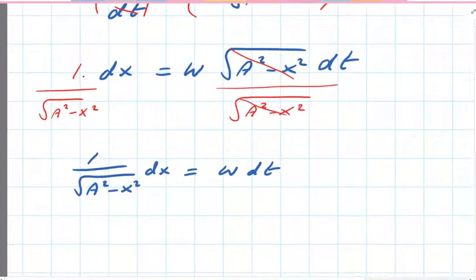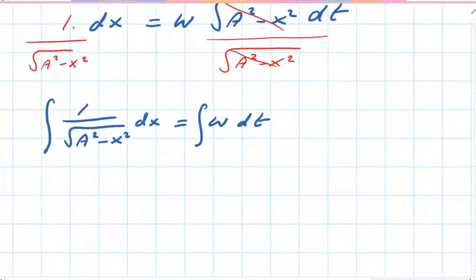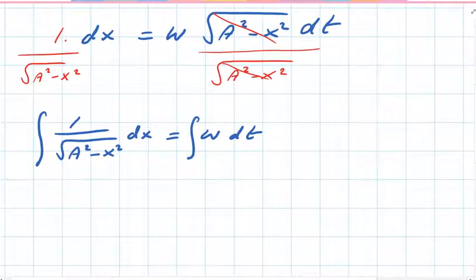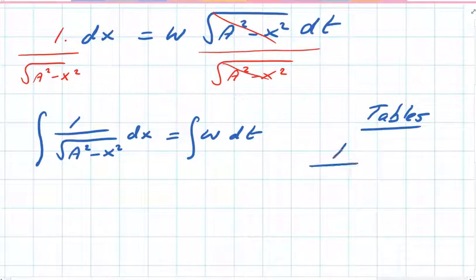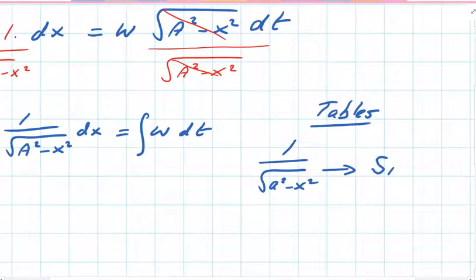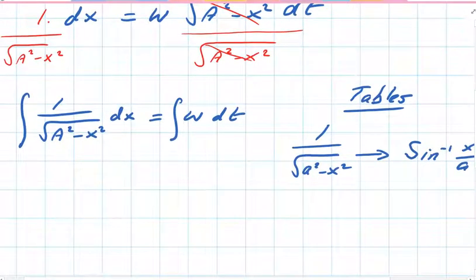Now integrate both sides. Integral and integral over here. And this is another special integral from the table. If you go to your tables, you will see that if you integrate 1 over the root of A squared minus x squared, that becomes inverse sine of x over A. So that's in the tables.